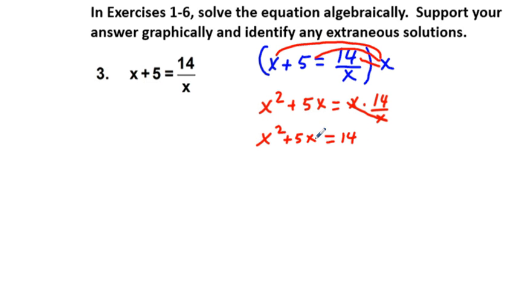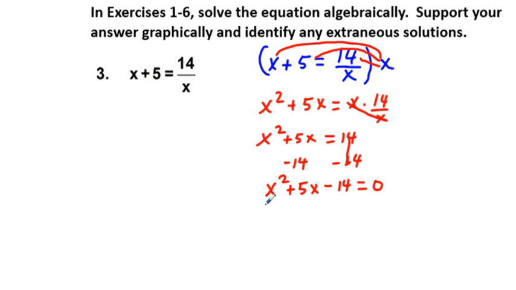We can set one side of this equation equal to 0 by subtracting 14 from both sides, so it really becomes like solving a basic quadratic equation. We have x squared plus 5x minus 14 equals 0. And we're going to try to factor to solve it.